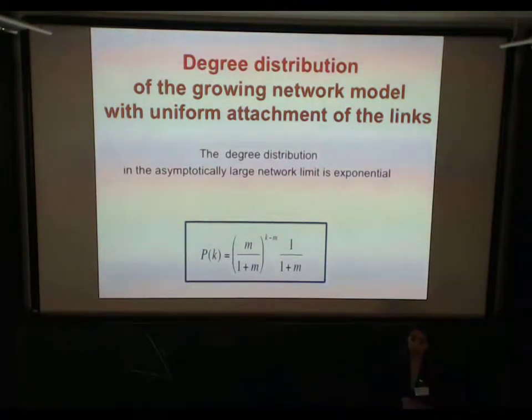There are many variations. You can put an attractiveness, additive attractiveness for example, that changes the exponent. I have also been working on it. You still have Gaussian fluctuations, in fact, in the limit.